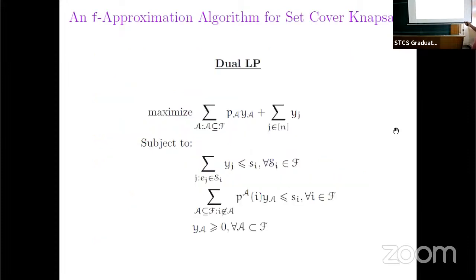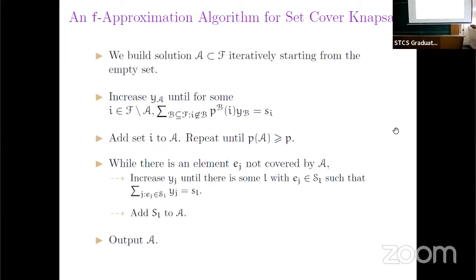If I increase Y_j, some of these inequalities will become tight. I pick the corresponding sets. Again, these inequalities correspond to sets, and I add those sets to my solution that I'm building and output that. This is quite standard if you are aware of primal-dual algorithms.